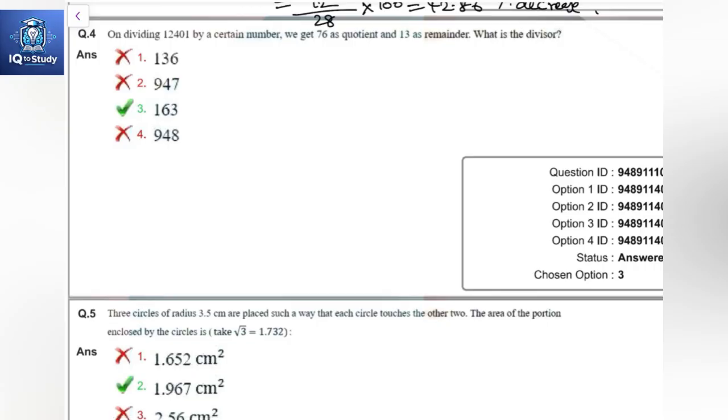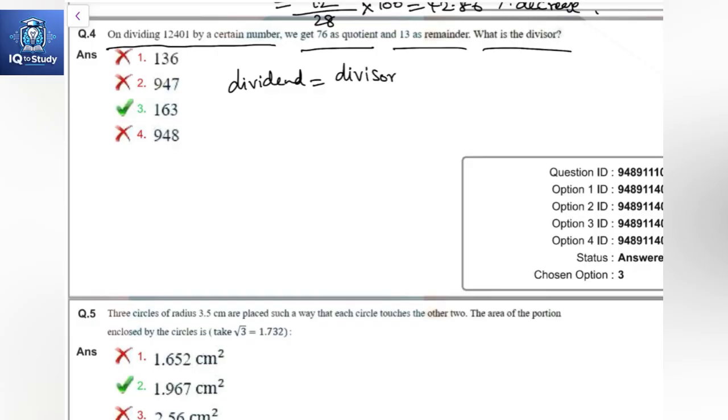On dividing 12,401 by a certain number, we get 76 as quotient and 13 as remainder. What is the divisor? We know that dividend is equal to divisor into quotient plus remainder.